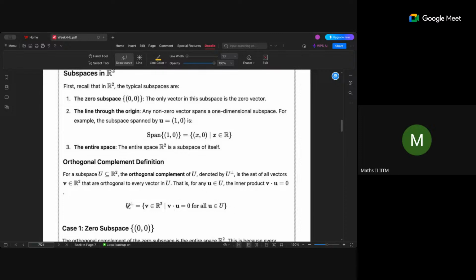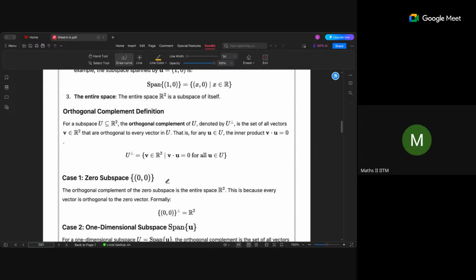Okay. Now, let us say your U is 0, so now your U is (0, 0). What is your U perp? What are all the vectors which are orthogonal to the zero vector? So this U perp is the set of all vectors such that V dot 0 is 0.